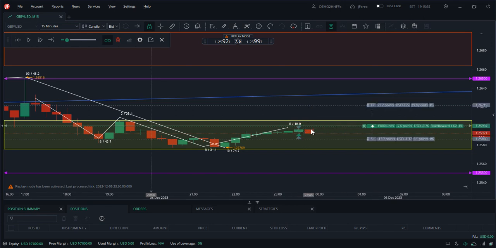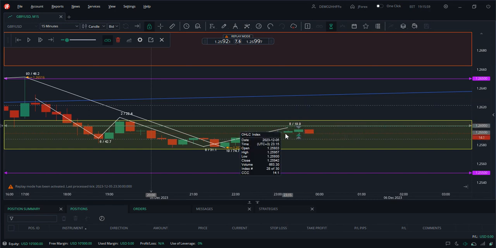Some platforms are like that. This is supposed to buy from this place where this red is, but it's buying from here. Alright, so let's just trade it like that.